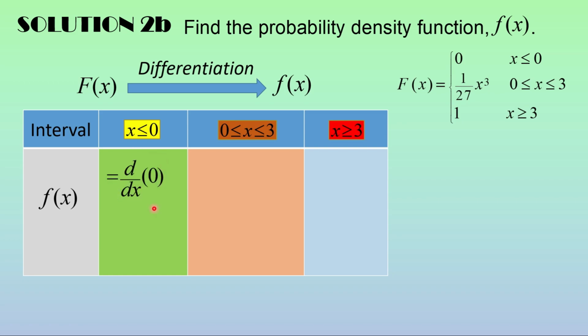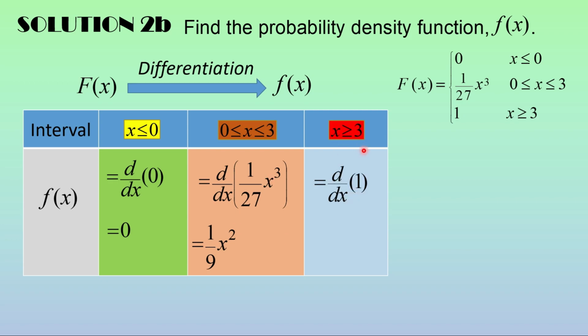So for the first interval, differentiate function 0, and the answer is 0. For the second interval of 0 to 3, differentiate the function 1 over 27 x cubed, and we will get 1 over 9 x squared. And for the interval x greater or equals to 3, differentiate function 1, and the answer is 0.